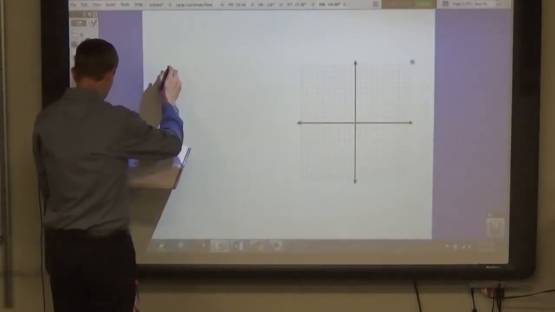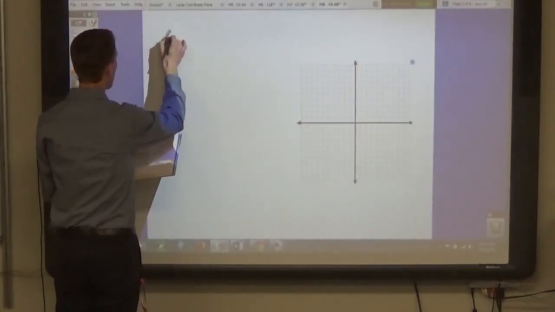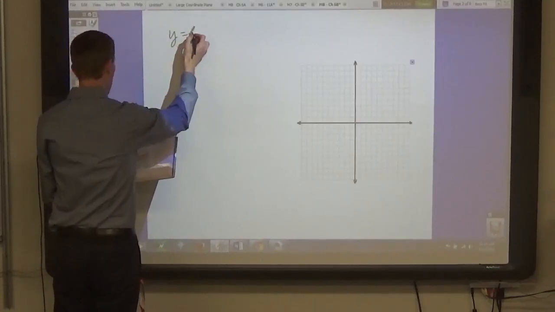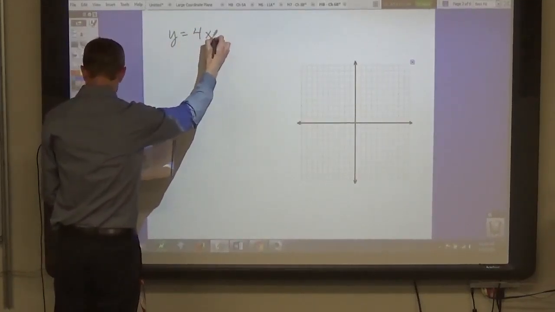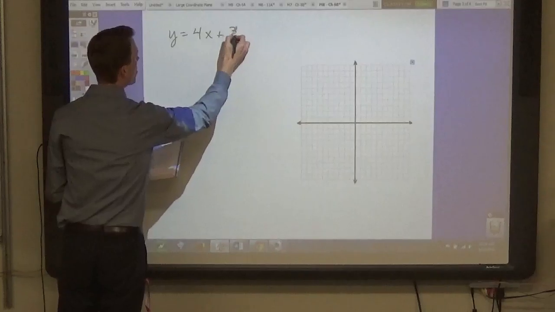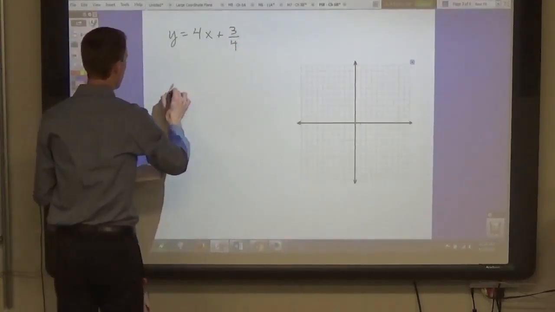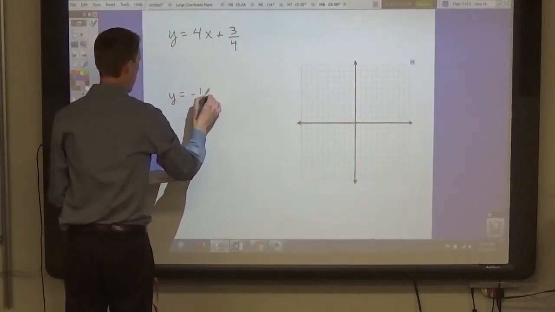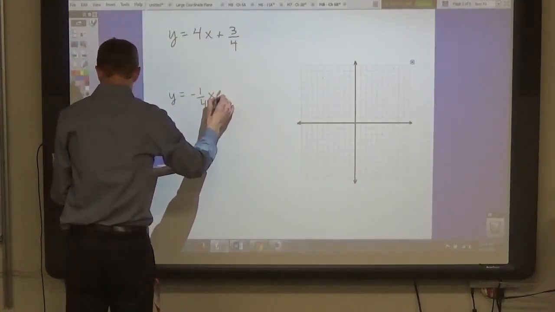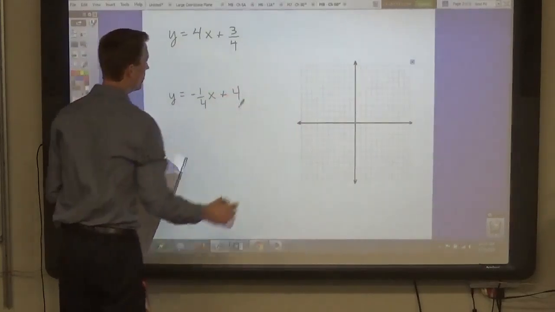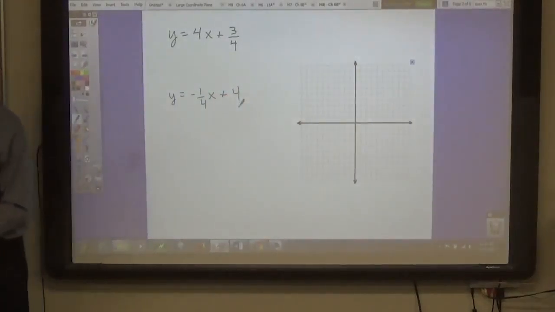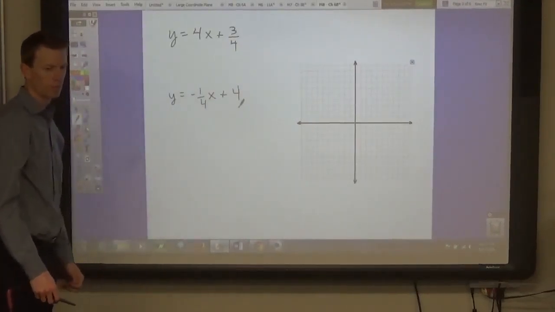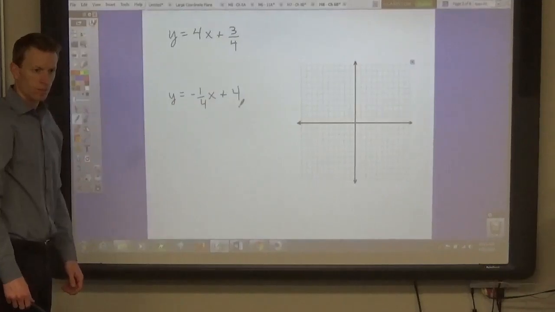Let's do this one together. y equals 4x plus 3, and y equals -1/4 x. Mr. Matsky, another way to determine whether the lines are perpendicular, wouldn't the slopes be different?